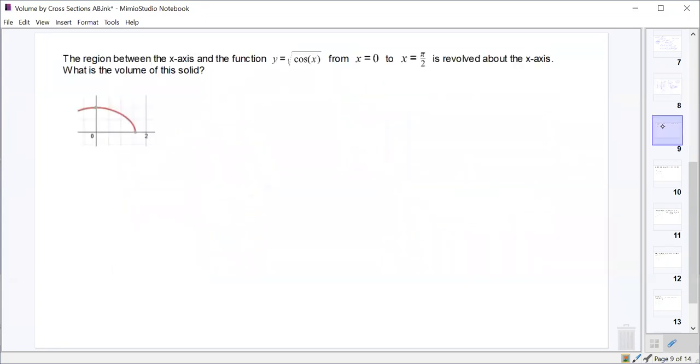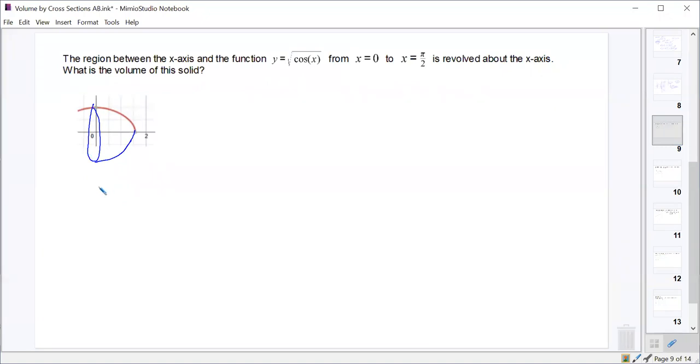Great. So let's take the function, the square root of cosine x from 0 to pi over 2. And we're going to revolve it around the x-axis and find its volume. So here it is. Here is square root of cosine x. I'm drawing it right there, from 0 to pi over 2. And we're revolving it around the x-axis. So we just get, I don't know what that looks like.